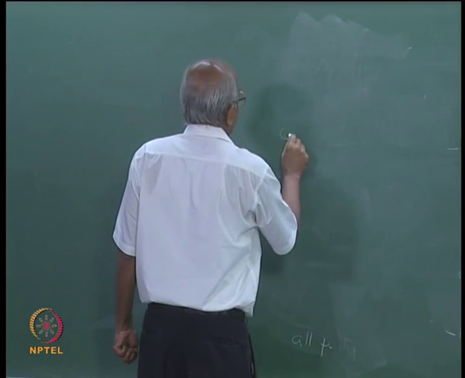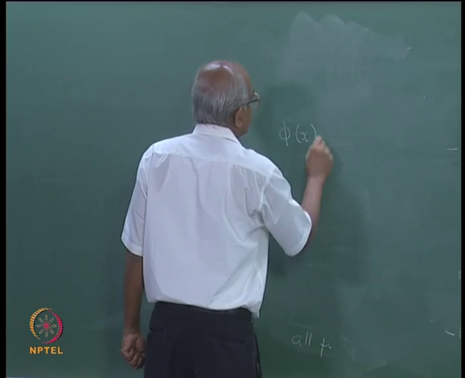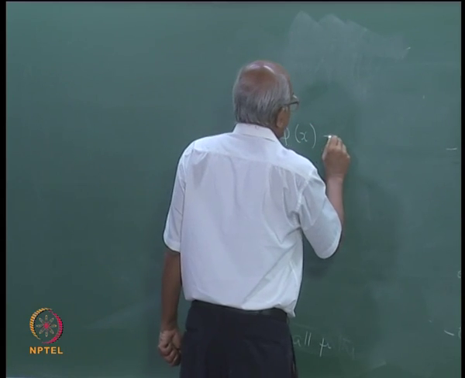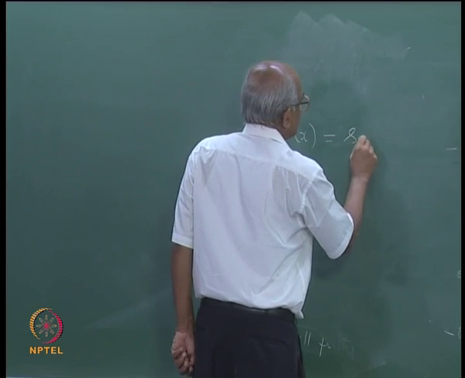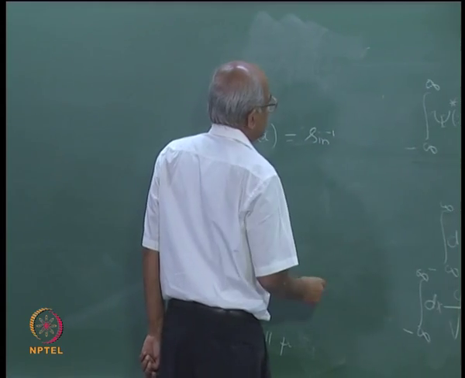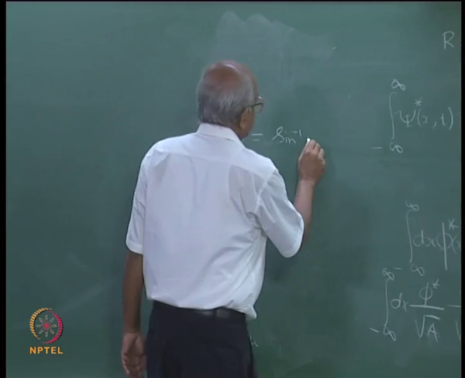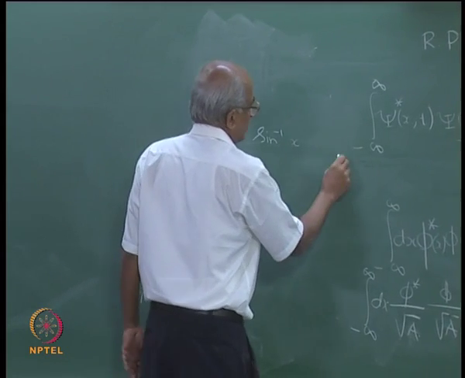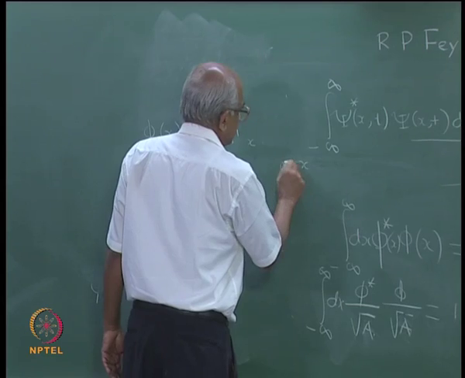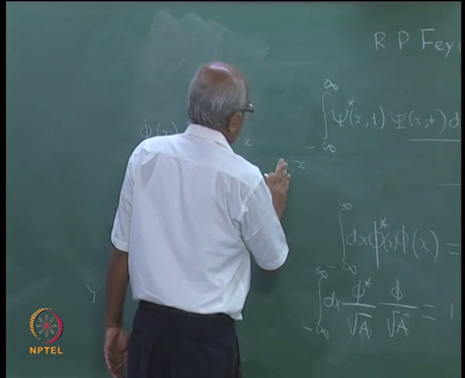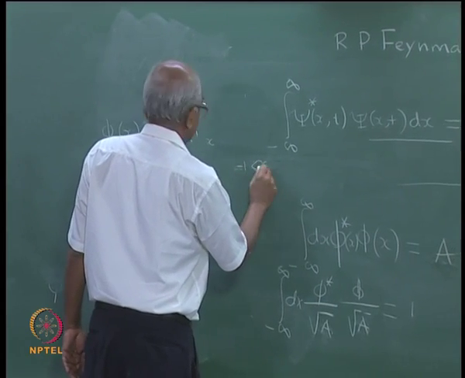Suppose I say I have a function phi of x, and I am going to say that it is of the form sine inverse of x. Of course, you will have to say x is between minus 1 and plus 1.